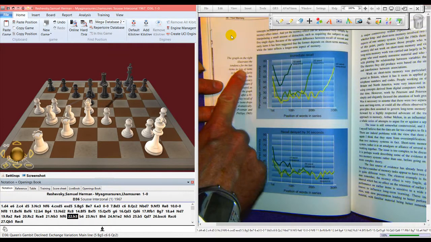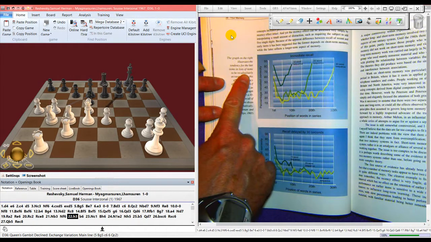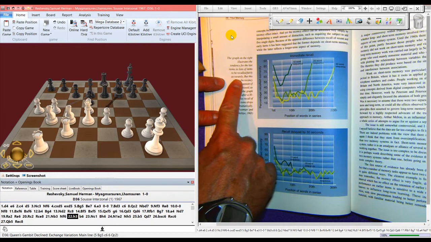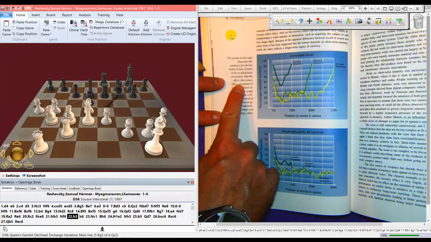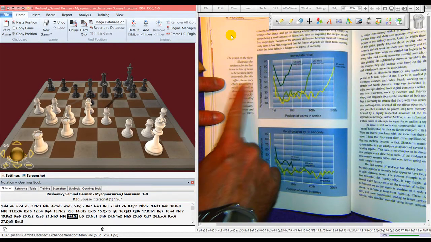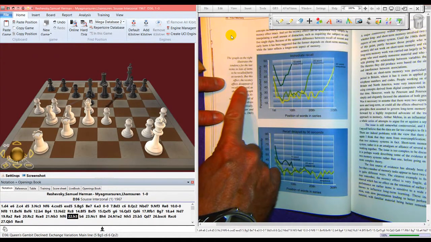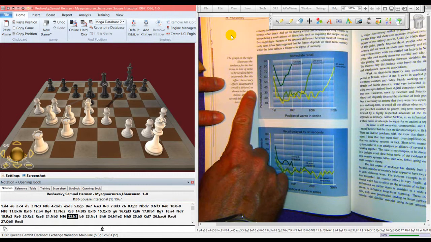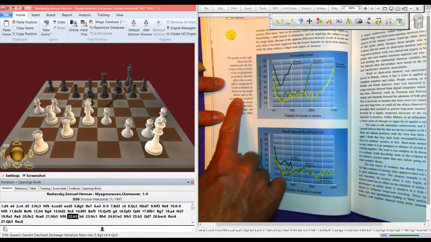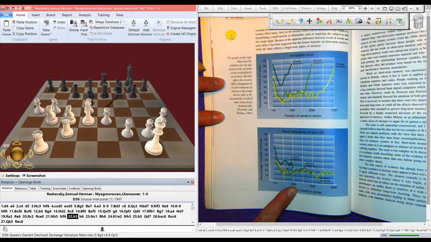The graph on the right illustrates the tendency for the last items in a list of items to be recalled fairly accurately. But this effect, the recency effect, disappears if recall is delayed, as shown in the graph below.